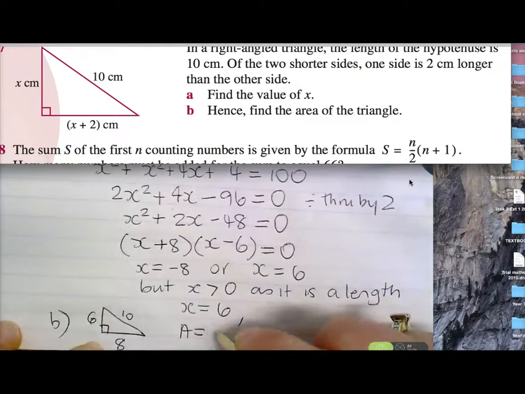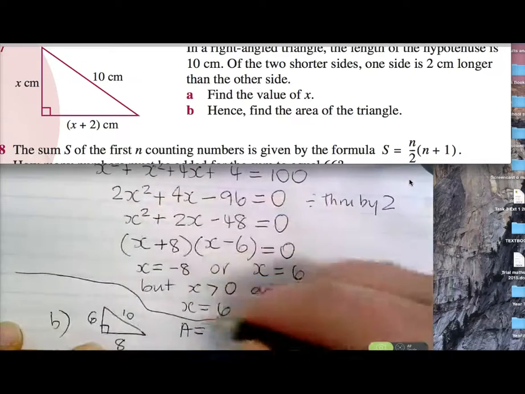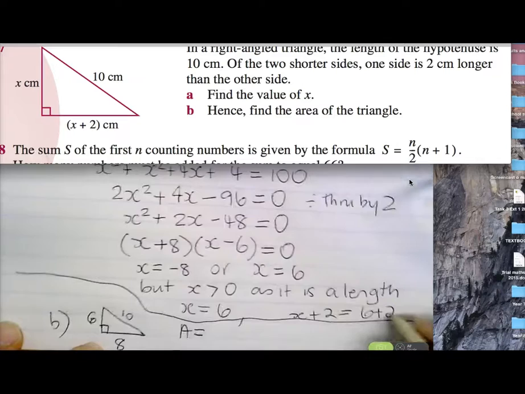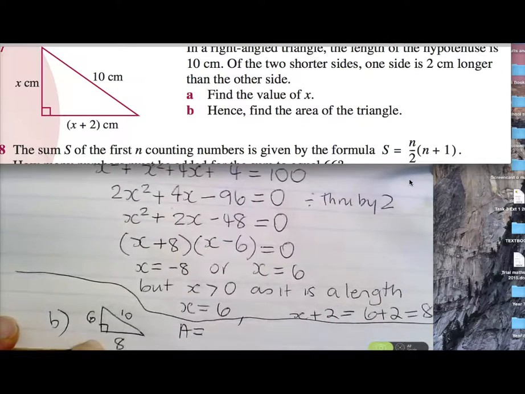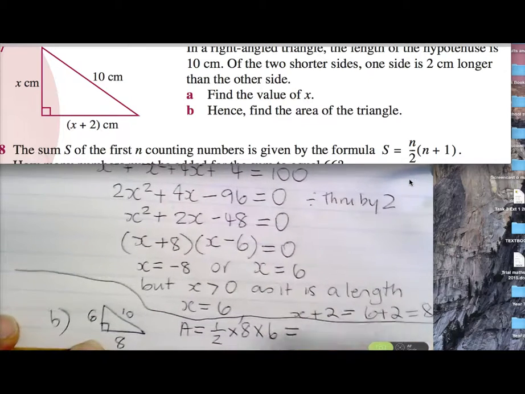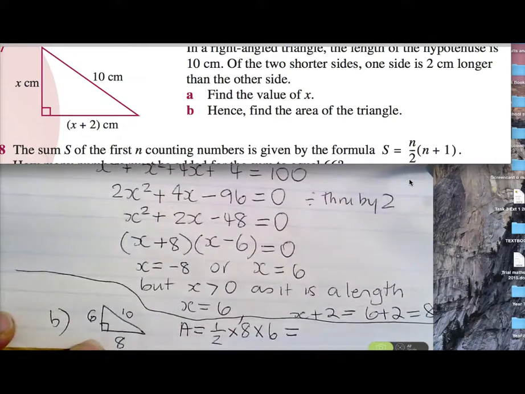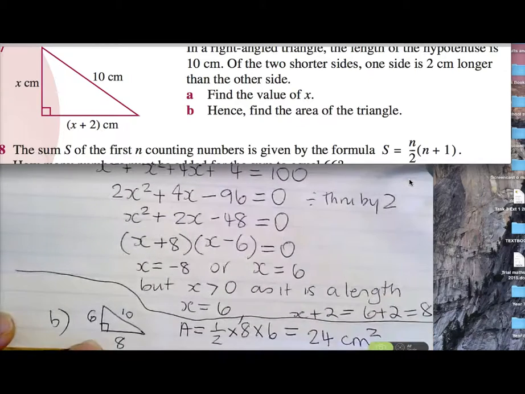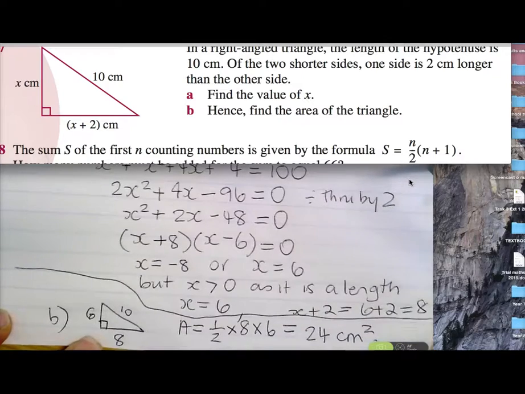I'm just going to put here that x plus 2 is 6 plus 2, which is 8. Area is a half of base times height. Yeah, 6 times 8 or 8 times 6, which is 24 centimetres squared. Make sure you put units, girls.